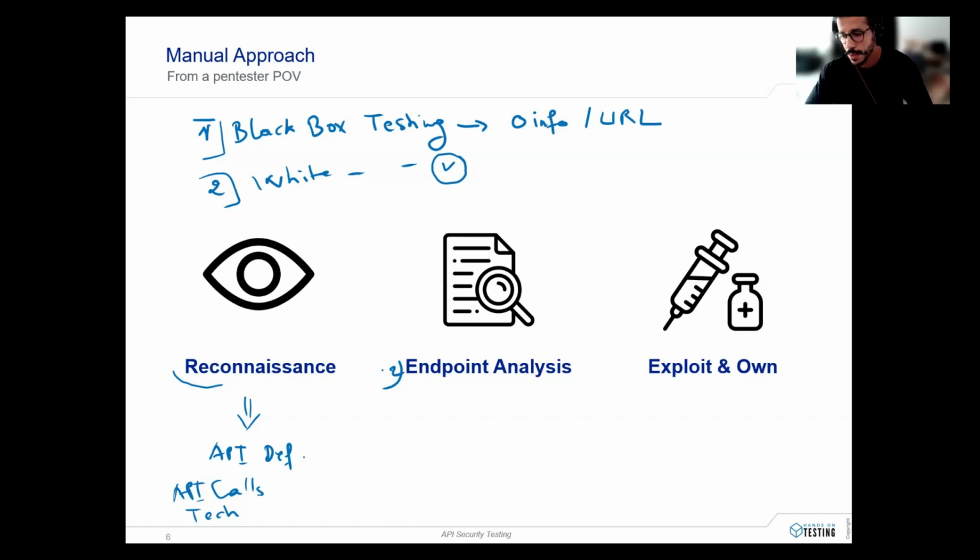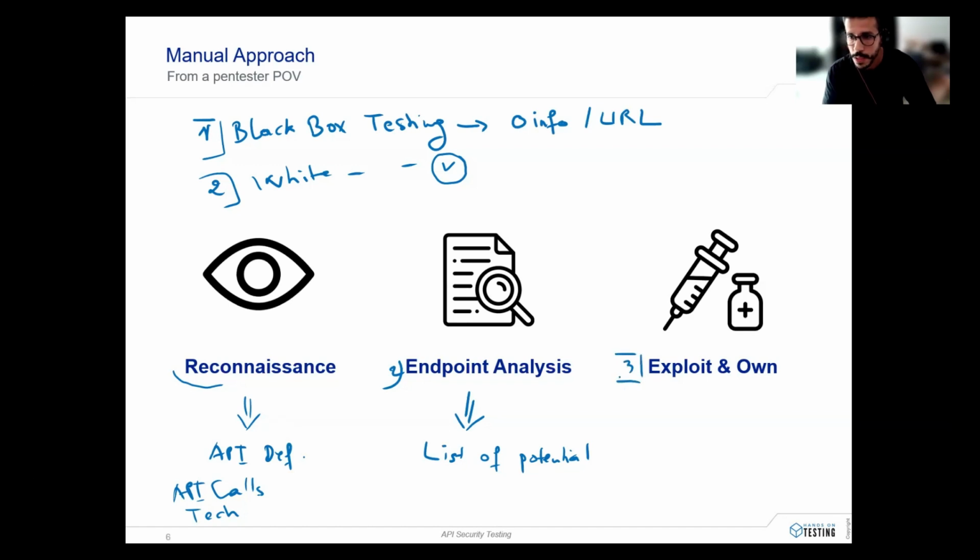Is there something that we are not supposed to see or use as an anonymous user or as a simple user, etc.? The outcome of this step is a list of potential issues that we need to target later in the third step.